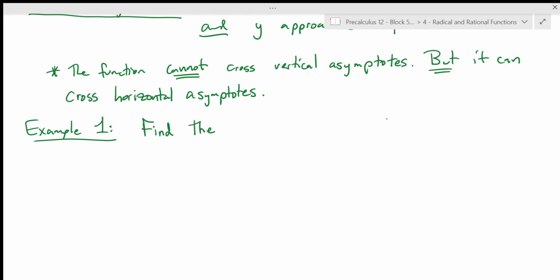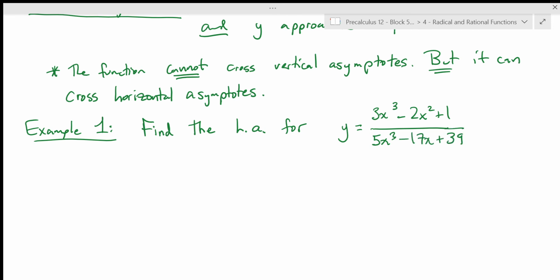So find the horizontal asymptotes for the function y equals 3x cubed minus 2x squared plus 1 all over 5x cubed minus 17x plus 39.